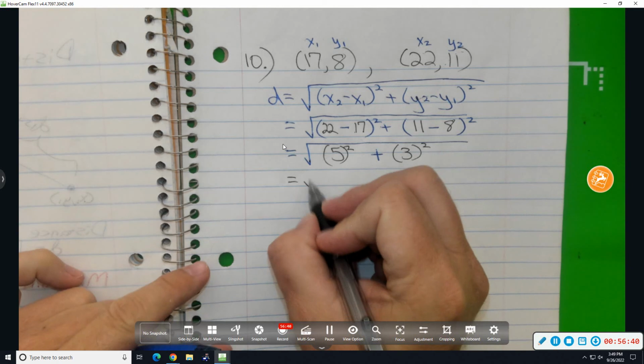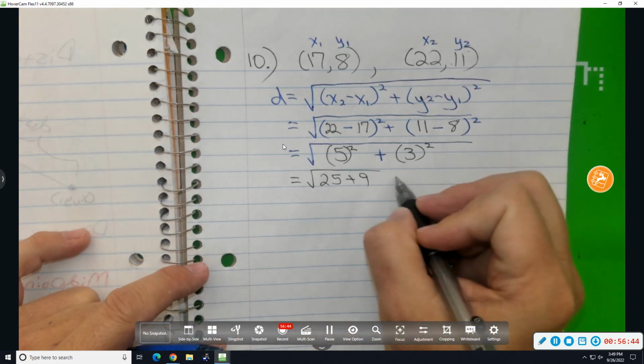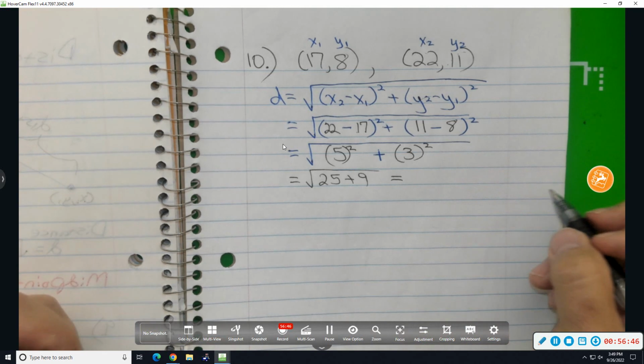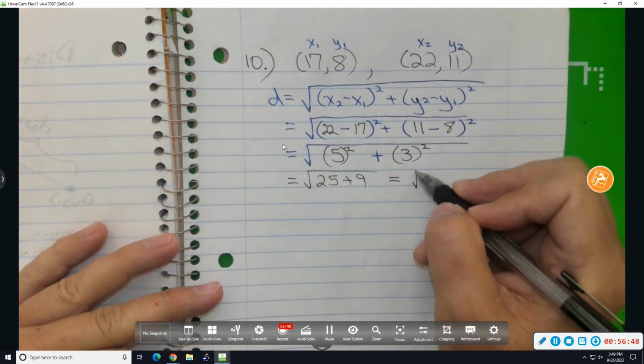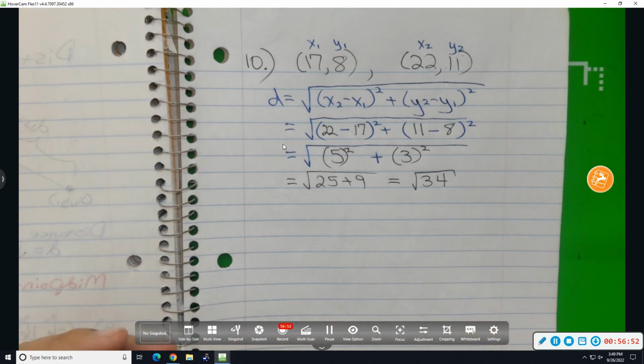So that's 25 plus 9, which gives me the square root of 34, can that be reduced? No, it can't be reduced.